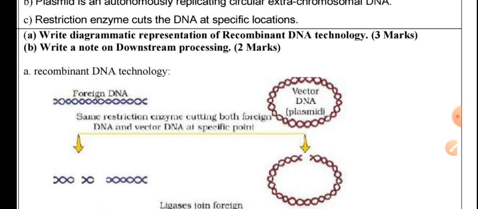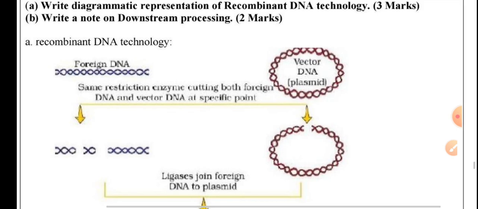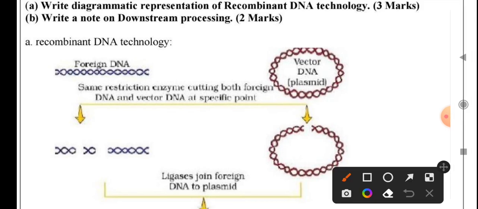Write the diagrammatic representation of recombinant DNA technology. Write a note on downstream processing. They asked two questions here. Recombinant DNA technology here: it's a foreign DNA, it's a vector DNA. Vector DNA is called a plasmid also. Then the same restriction enzyme cuts both foreign DNA and vector DNA at specific points.